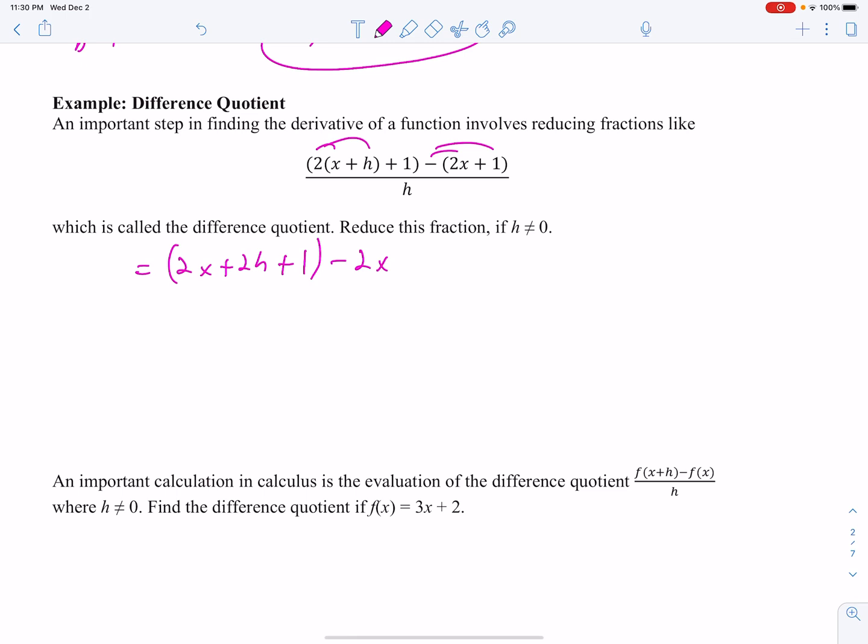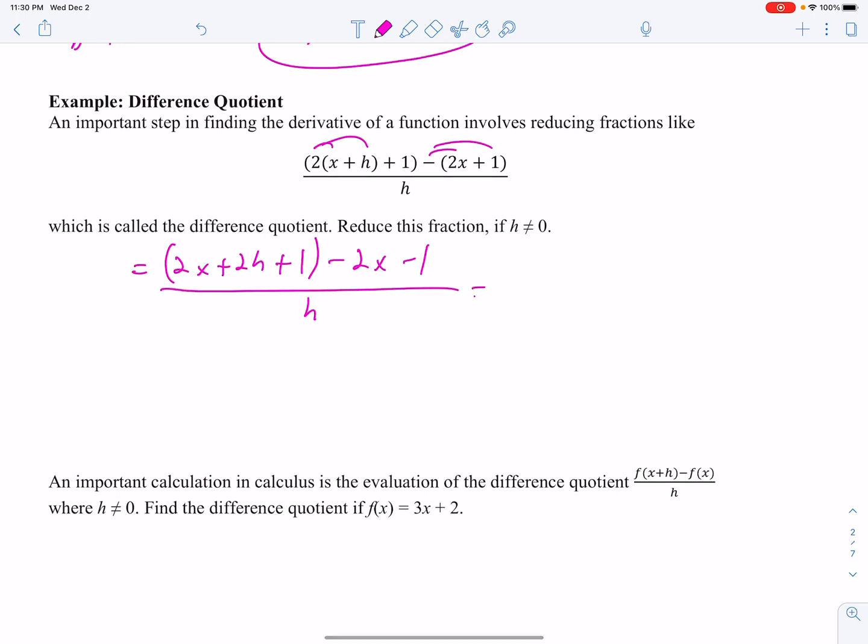So that'd be minus 2x minus 1 all over h. All right, let's see. So notice what we have here. We have 2x minus 2x. Perfect, they're gone, right? And then we have positive 1 minus 1. They're gone. So all that's left is 2h over h, and that's really nice because h over h is 1. So there we go. This is equal to 2.